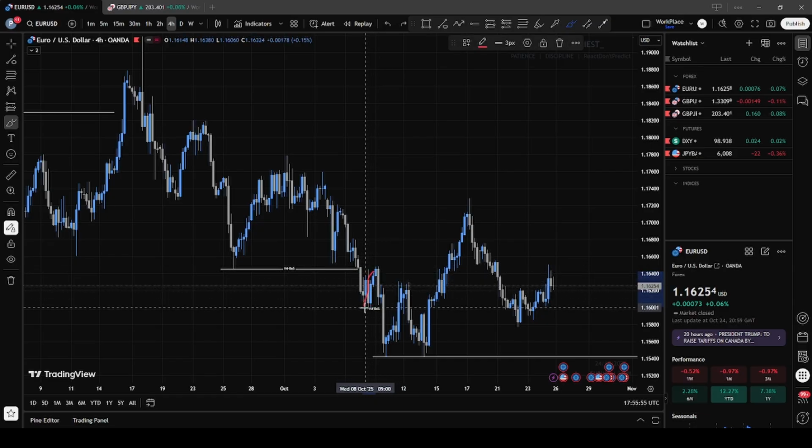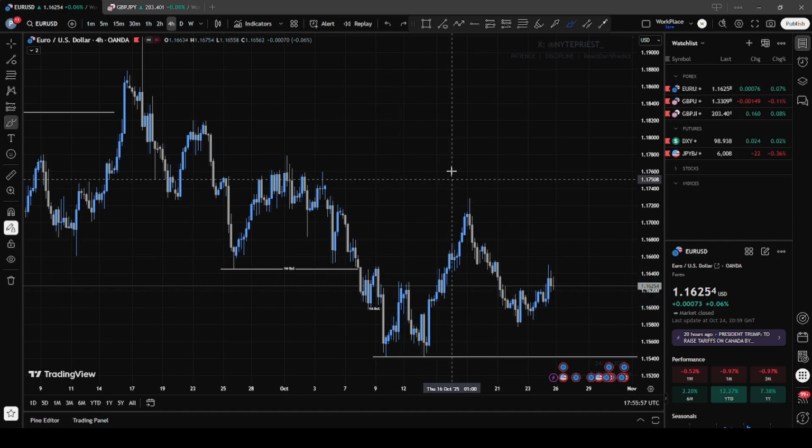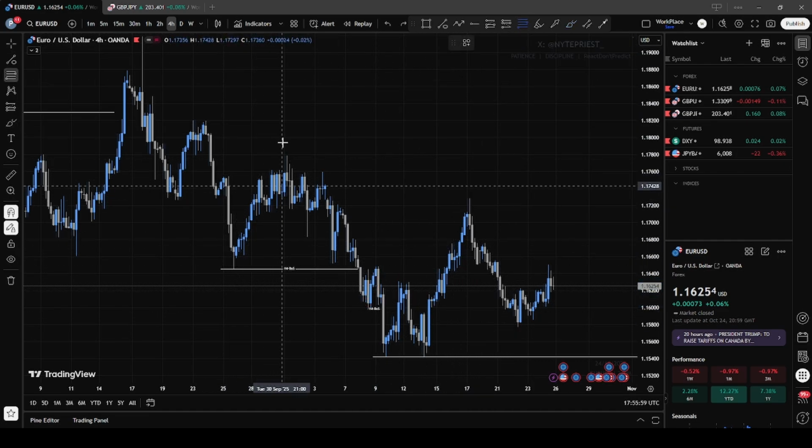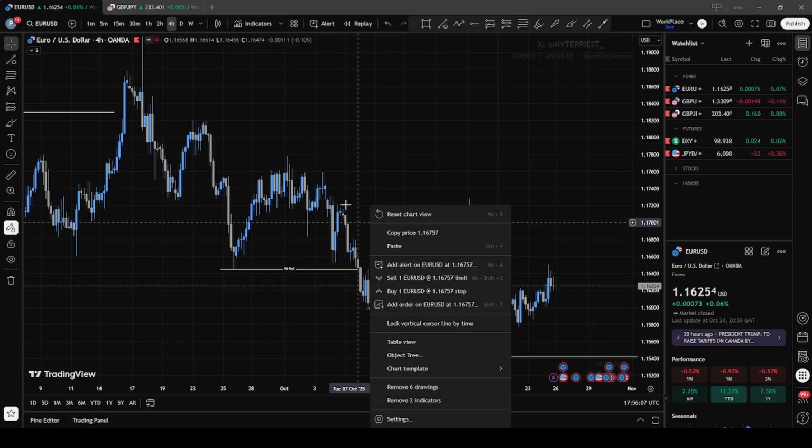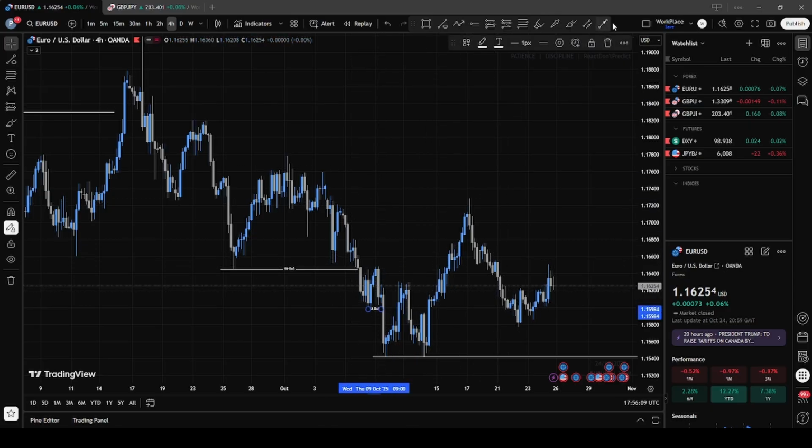This candlestick pulled back, and let's see if we got a retracement to the 0.382 fib. We didn't get a retracement to the 0.382 fib, so I want to classify this as a break of structure technically.